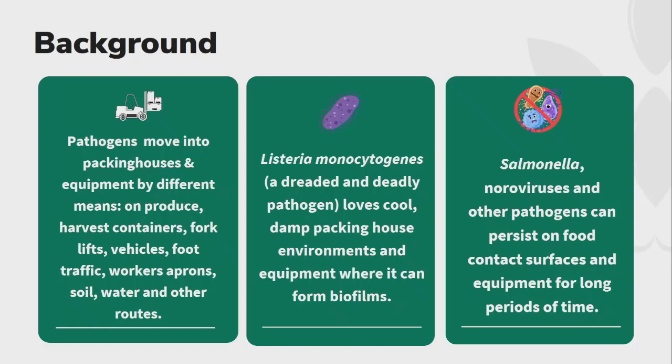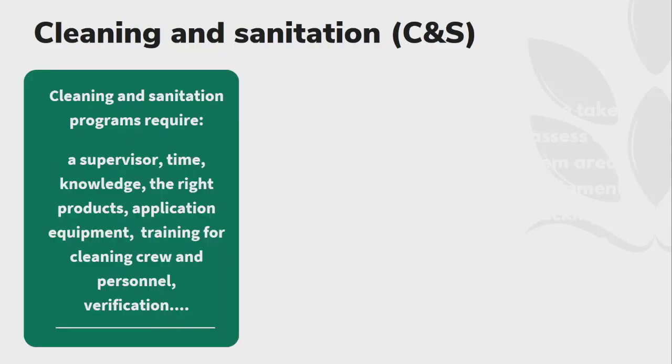And then we know that other pathogens are going to survive, actually some of them for quite extended periods of time. And so if we are not cleaning and sanitizing our equipment, our food contact surfaces, we are going to have to deal with the repercussions of contamination. And so a couple of things on cleaning and sanitation, okay?